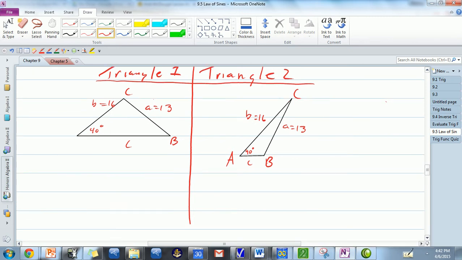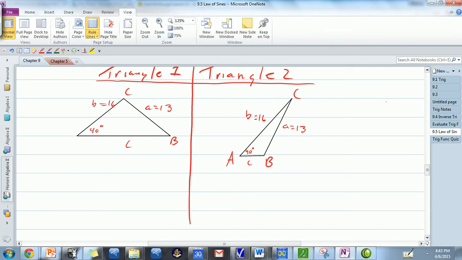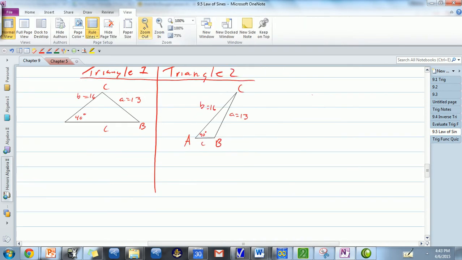First, let's do the big triangle. So let me zoom out just a little bit. And from this triangle right here, you want to know angle B, so sine B over 16 equals sine 40, because this is A right here, over 13, right?